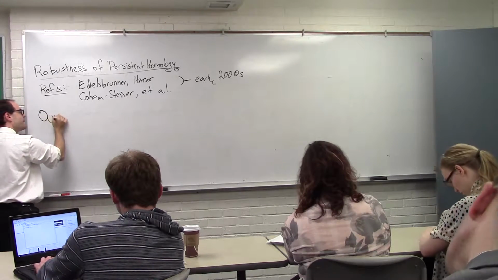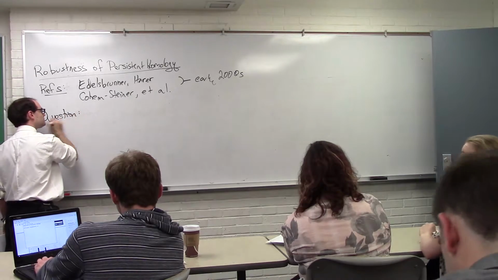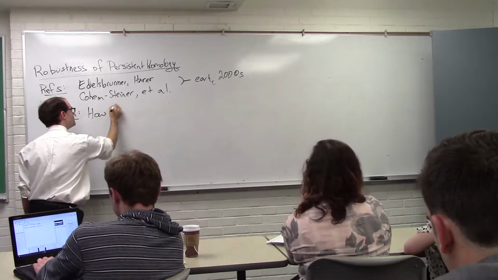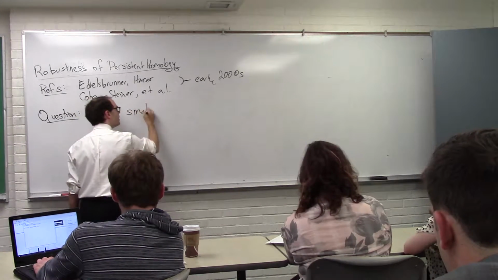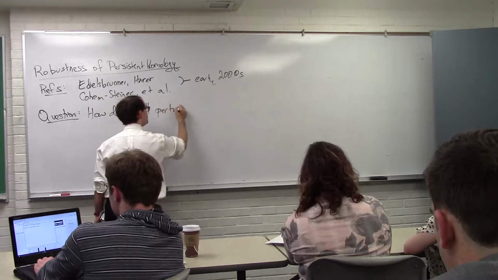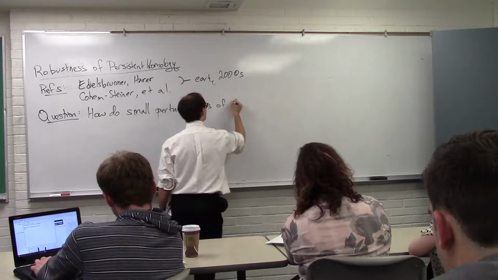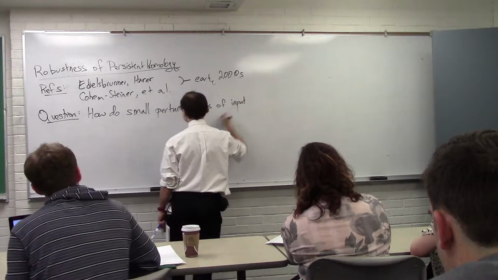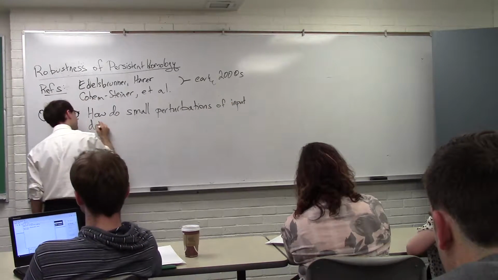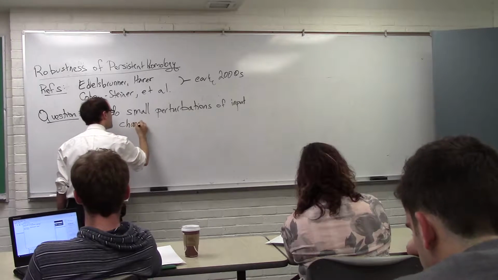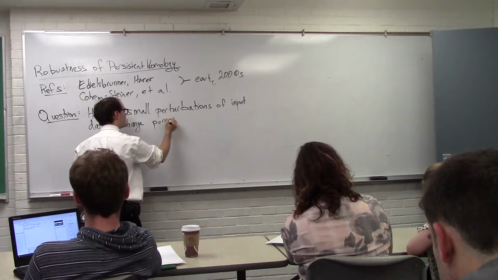The question is, how do small perturbations of input data change persistent homology?